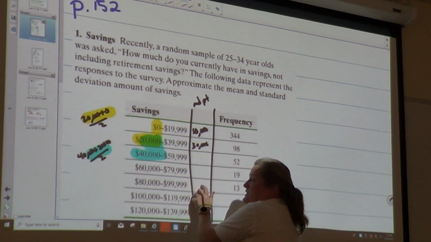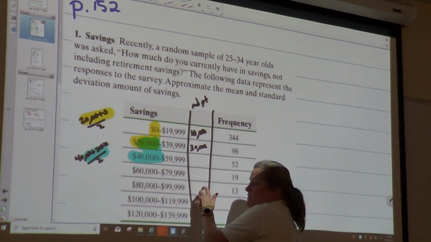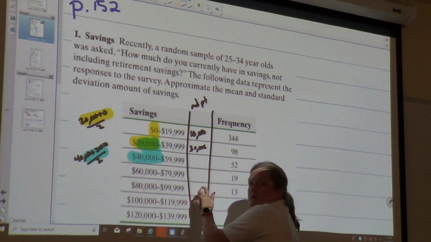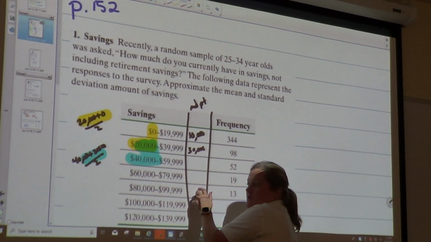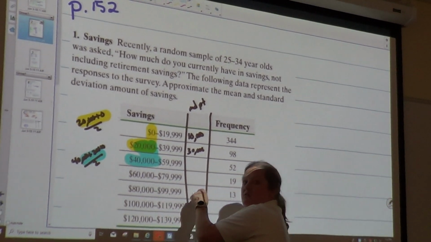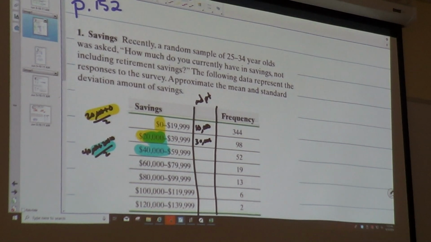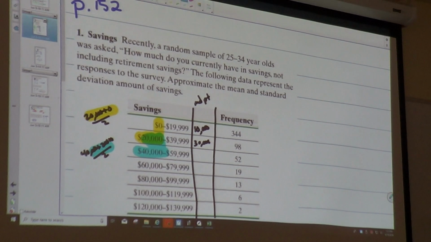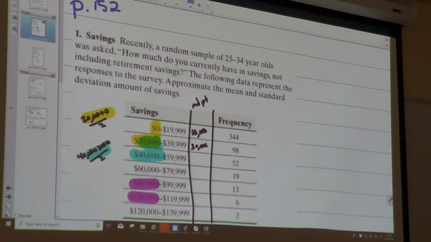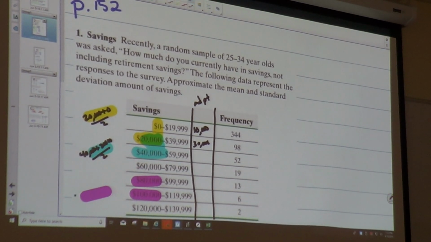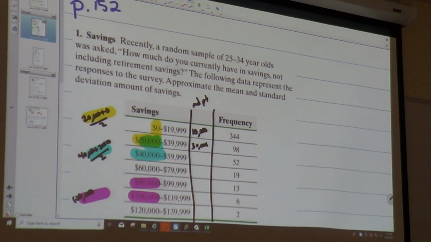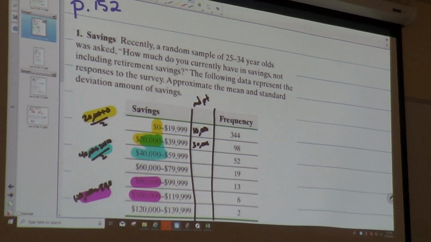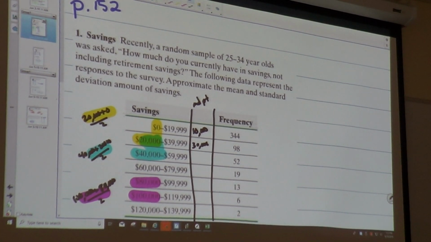So to get this midpoint, what am I going to do? Add up 80,000 and 100,000 and divide by 2, which gives me 90,000.